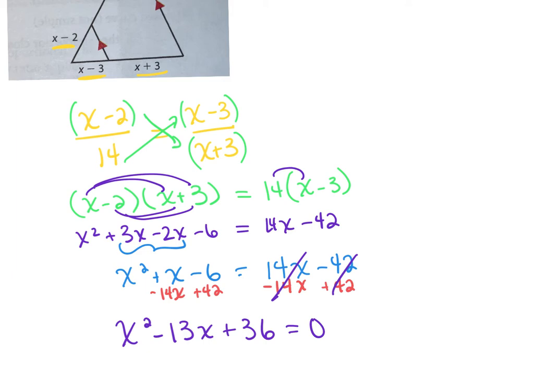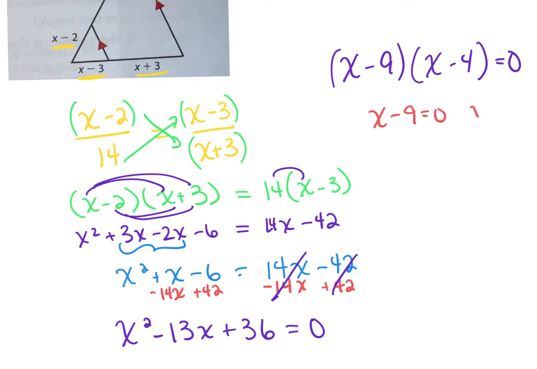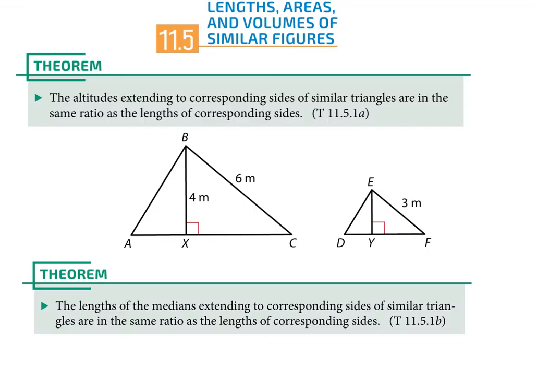Yep, 9 and 4, absolutely. So we have x minus 9, x minus 4. Then I'm going to set each one equal to 0. You'll see they also both work. This is going to give you a 9. This is going to give you a 4. They both work.